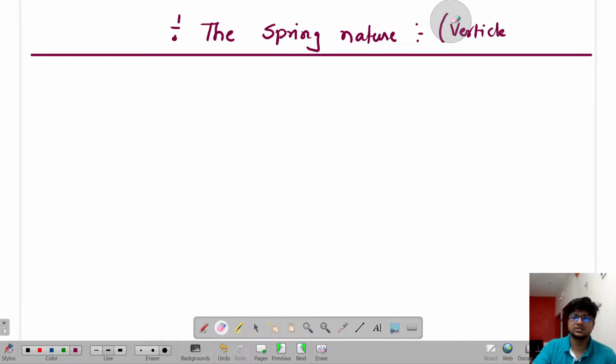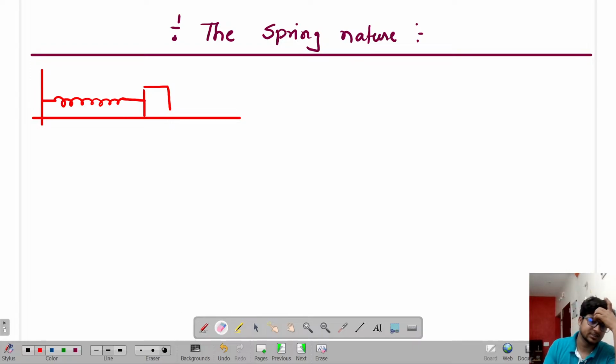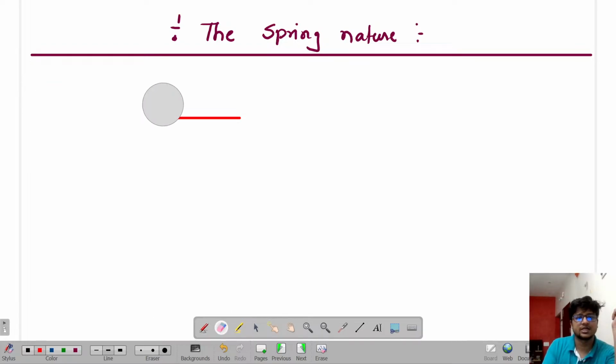Or let us just write the spring nature. Now, let's suppose I took the spring, attached with a block of mass M. Or let us understand this in vertical. Vertical only you can understand this properly.